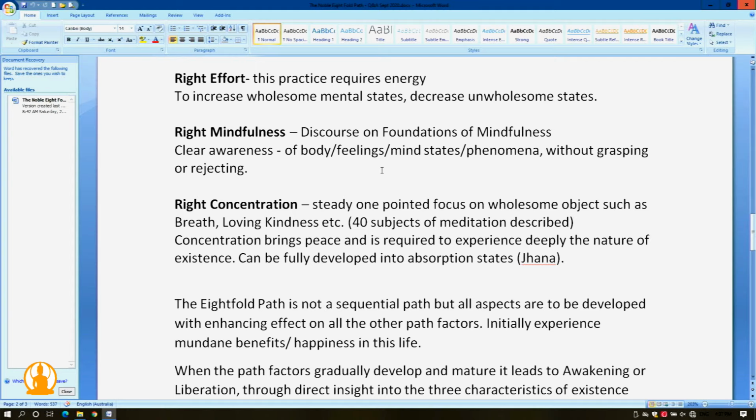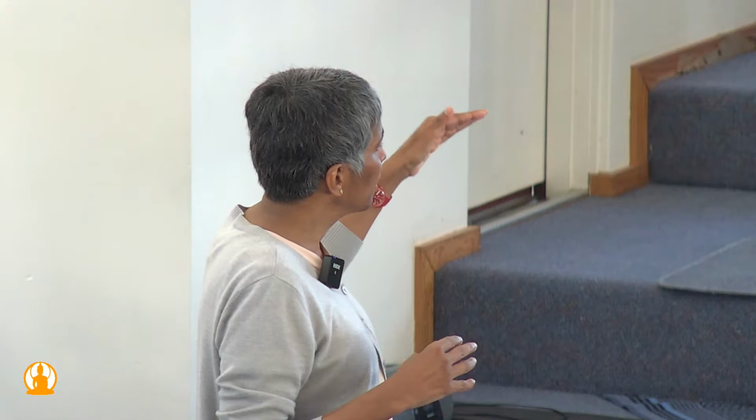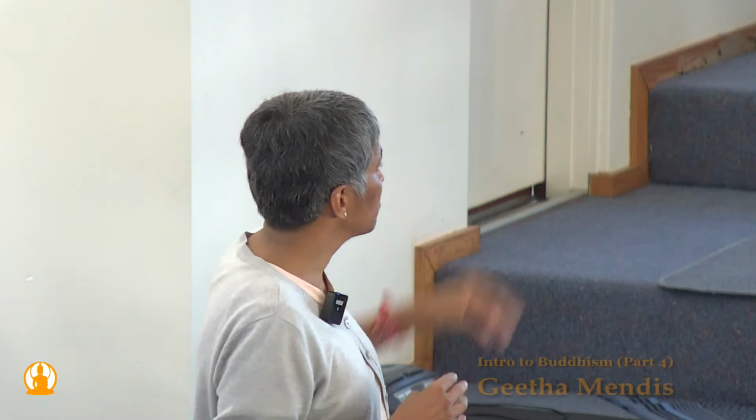Initially you have benefits, wholesome outcomes in your life that you can see. But when the path factors are mature, when they're developed fully, it leads to awakening or wisdom of liberation.